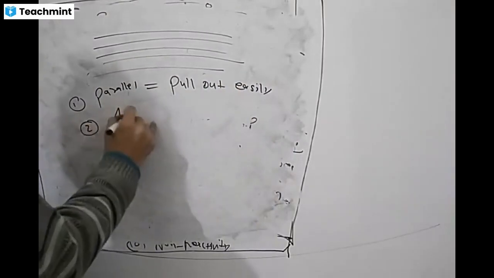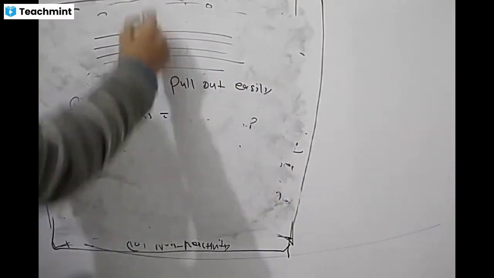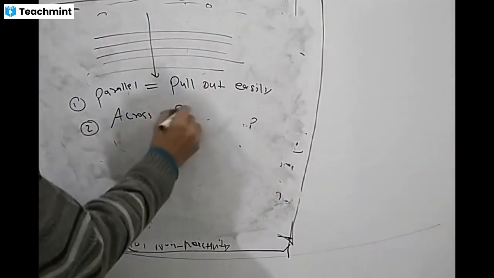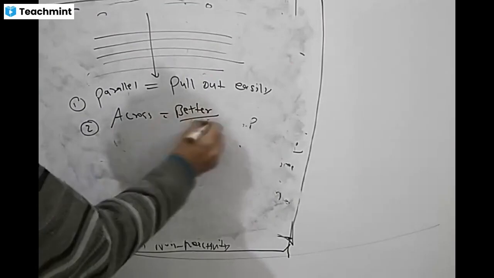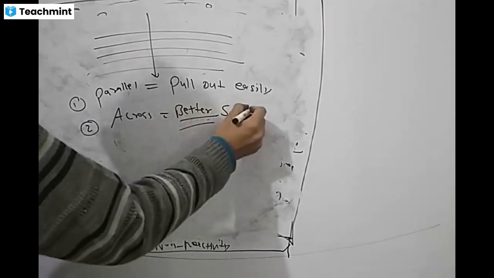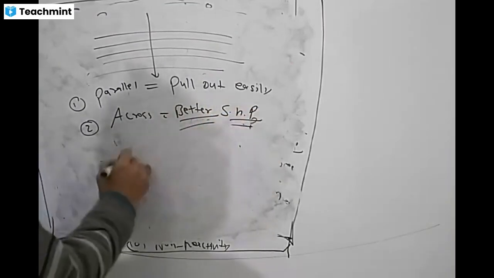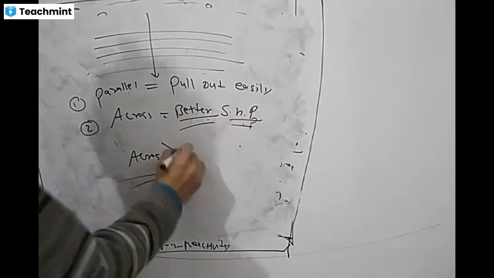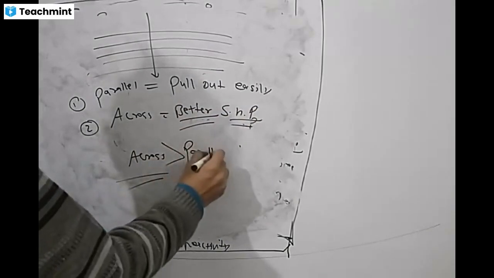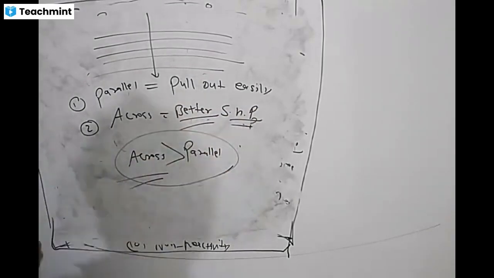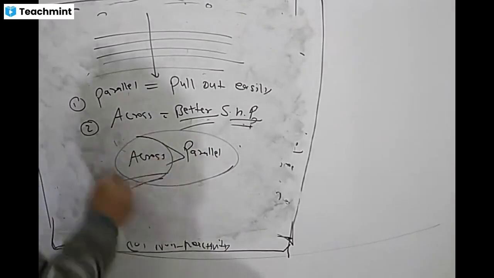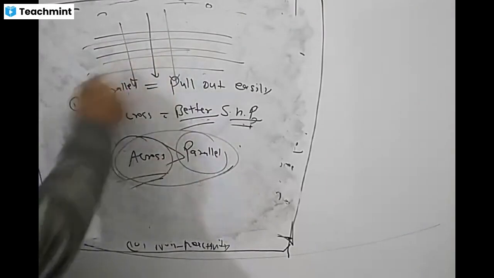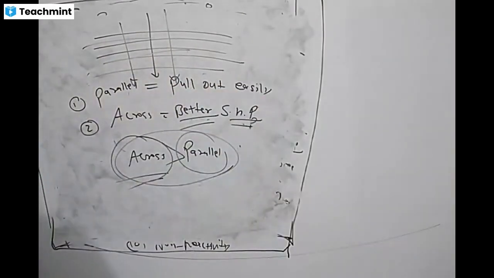Second, if you apply your suture material across the fiber, perpendicular to the fiber, it will have better suture holding power. So across the muscle fiber is better than parallel to the muscle fiber. With regard to muscles, remember across, like perpendicular, is better than parallel, because parallel may easily pull out.